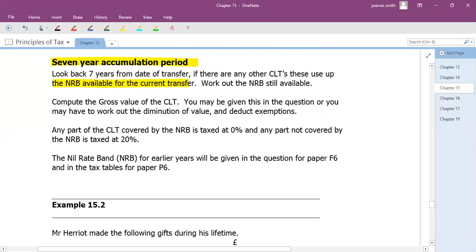I would just remember that there is this 7 year rule, and it means the PET is exempt, or if it falls in the 7 year period prior to death, it becomes chargeable for the first time. With the CLT, it gets taxed during the lifetime at 20 or 25%, and then it gets taxed again at death if it falls in that 7 year period.